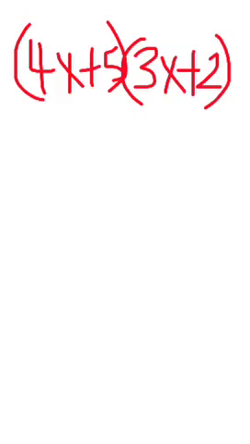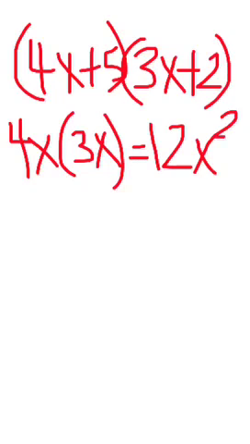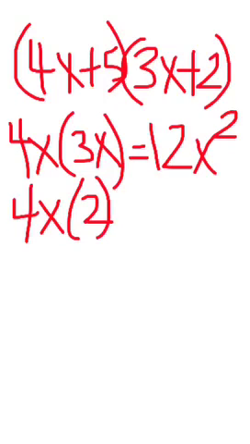To start, multiply 4x times 3x, which will give you 12x squared. Multiply 4x times 2, giving you 8x.